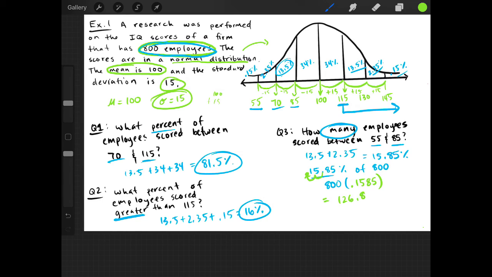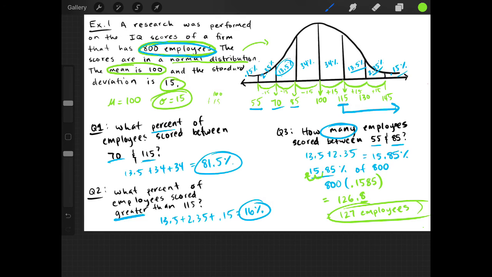Because we are talking about employees here, we're not going to say 126.8 employees scored between 55 and 85, because you can't have 0.8 of an employee. That doesn't make much sense. Everyone is a full person, no matter what they look like. So let's just say 127 employees would be your answer there.